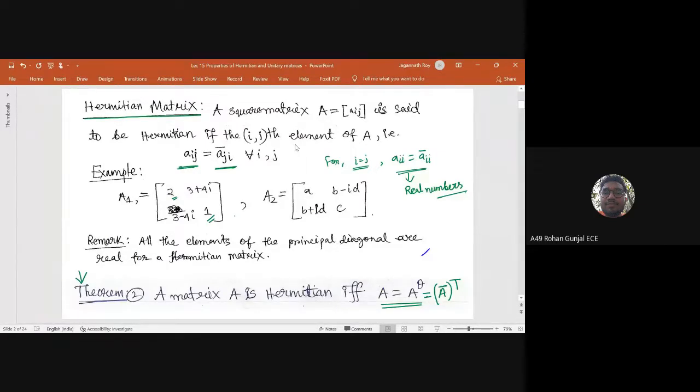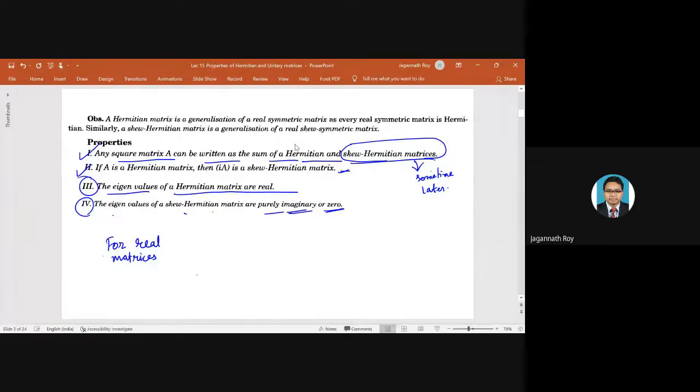Thank you, sir. Okay. For real matrices, what we have is symmetric, and we have skew symmetric. Then we have orthogonal. So the parallel concepts will be for complex matrices.